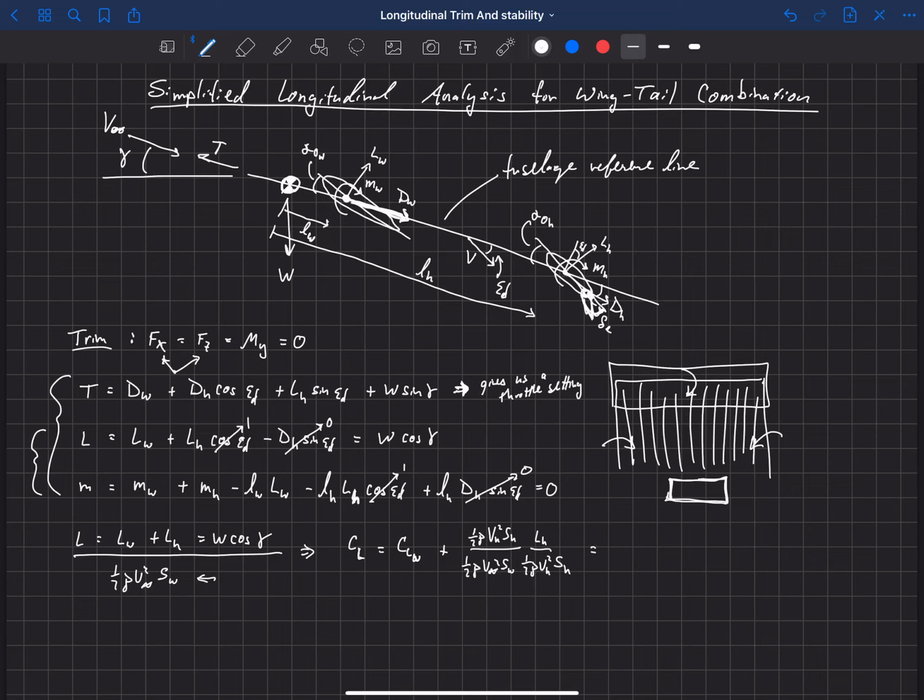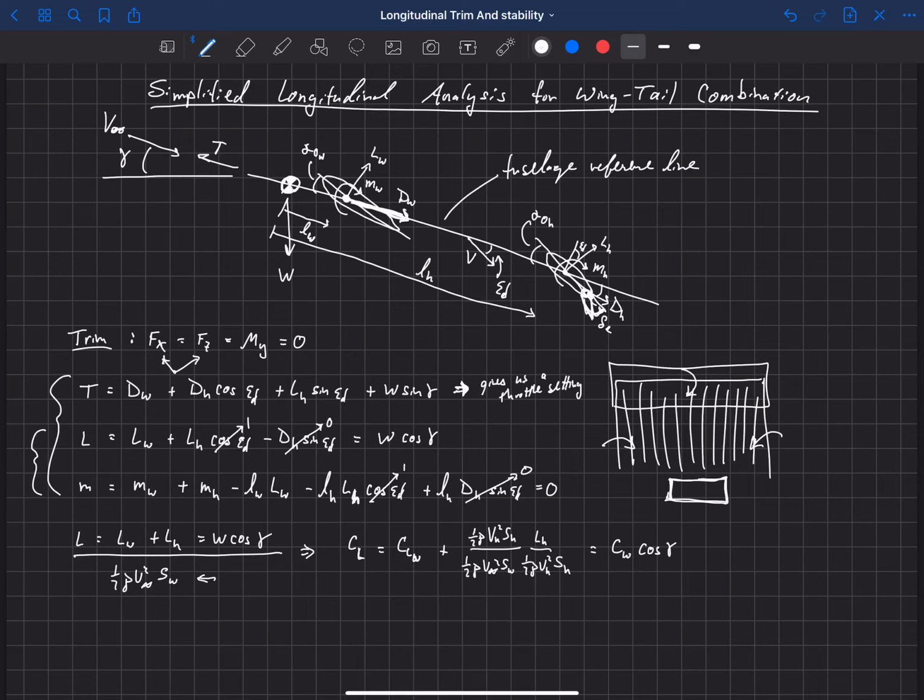The last component on the right-hand side of this equation is simply the weight coefficient. We're going to call that the weight divided by 1/2 rho v squared S_W, what we call the weight coefficient, and that's multiplied by the cosine of gamma, our climb angle.